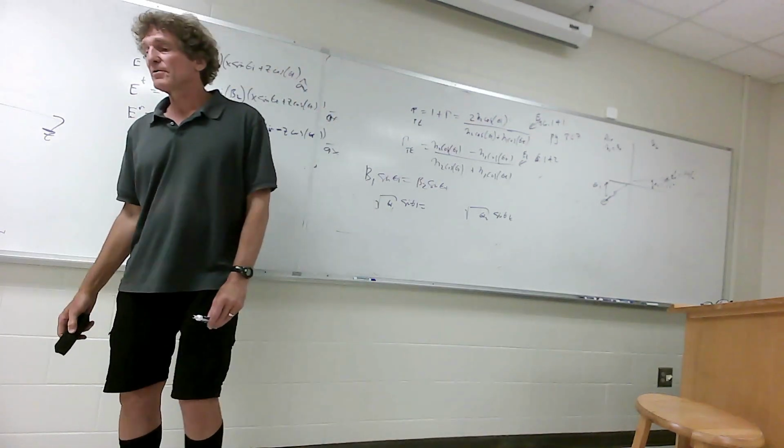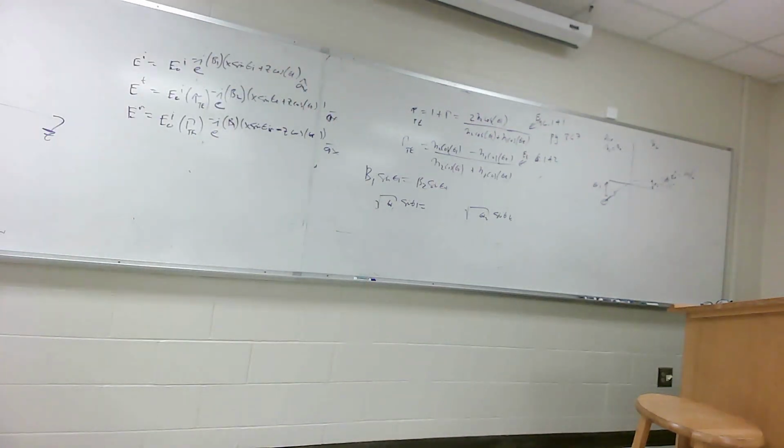Now, do you remember what we call the square root of epsilon relative? You had physics, you had optics. Remember what they called it? It was the index of refraction, right? Index of refraction. Do you remember that? This is real important.